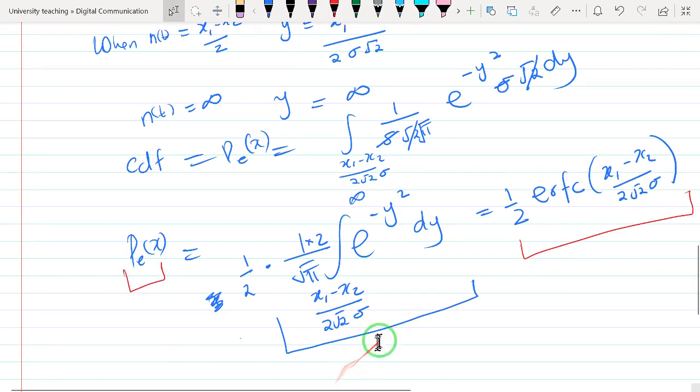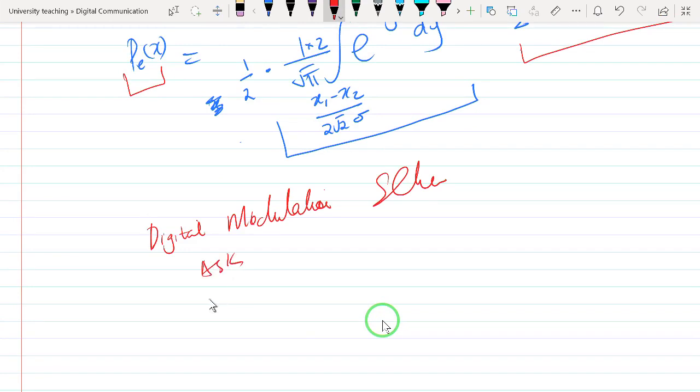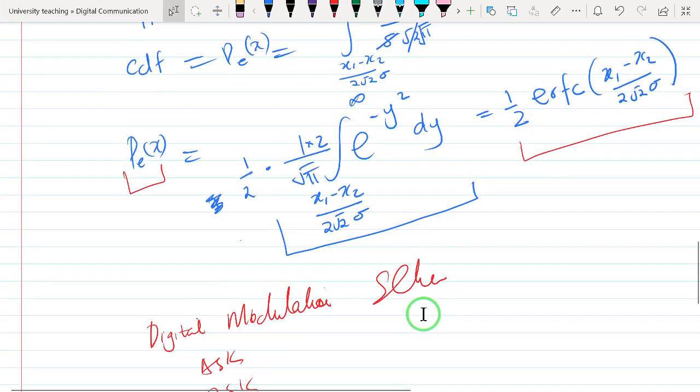We normally say that if we have a digital modulation scheme, maybe ASK, PSK, or FSK, and we are transmitting the two binary symbols, x1 of t and x2 of t, each with 2 levels, then we can obtain the probability that some bits or some signals might be received in error due to the AWGN, or additive white Gaussian noise.